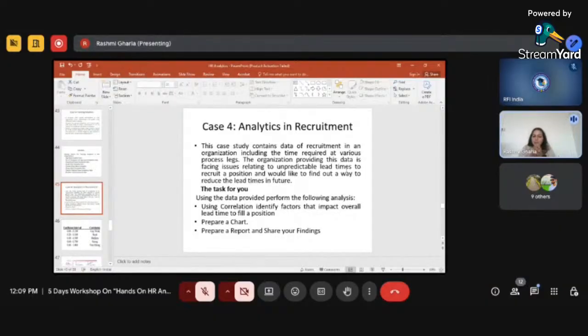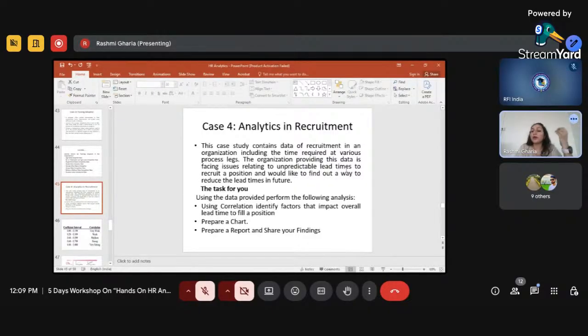If your hiring process is too long, for example, you posted a vacancy on 1st of July and till November you have not started with the process. Means you posted the vacancy, candidates applied. After 5 months, you just woke up and thought, now I have to start with the process.